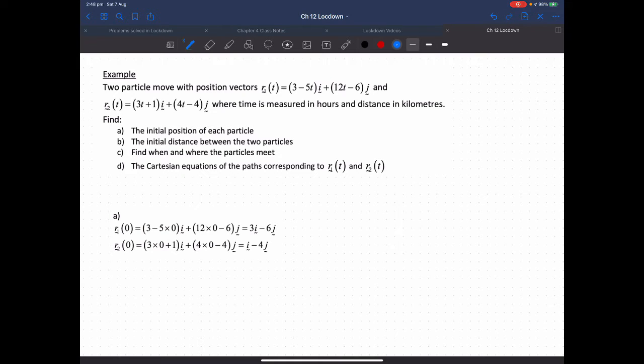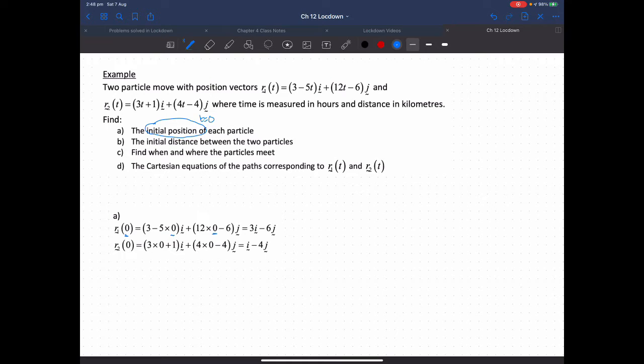So we're asked to find the initial position of each vector. So initial position, that is the starting point, that is where time is equal to 0. So taking our first position vector, r1(t), I substitute 0 where t is.